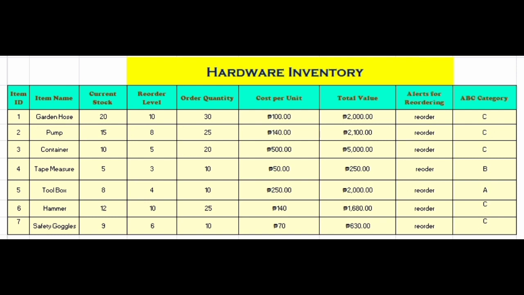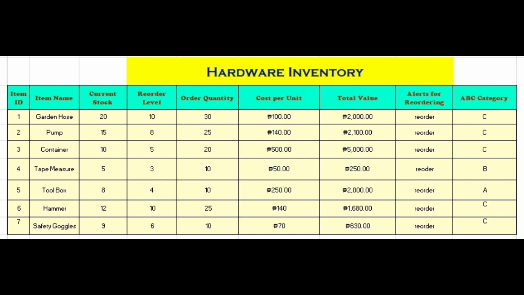And now, let's delve into some of the calculations we've made based on this inventory. The next is the total value. Total value is defined as the monetary value of the current stock of each item, calculated by multiplying the current stock by the cost per unit.